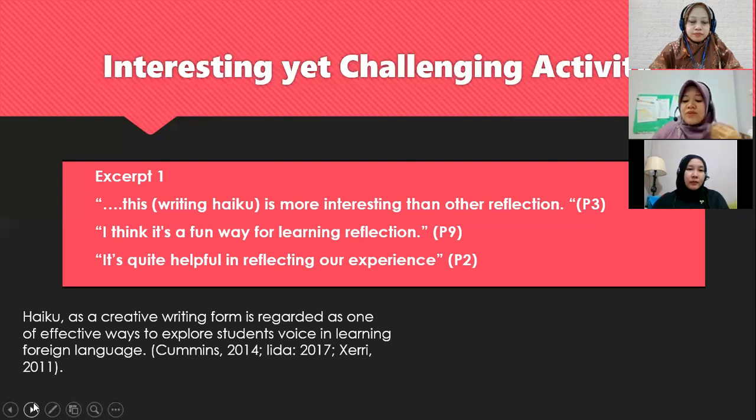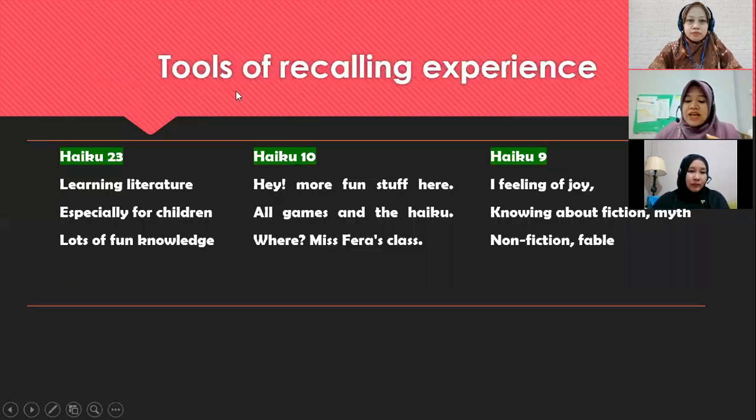Another finding on why this haiku as a learning reflection is interesting is that it recalls the students' experience in children literature class.